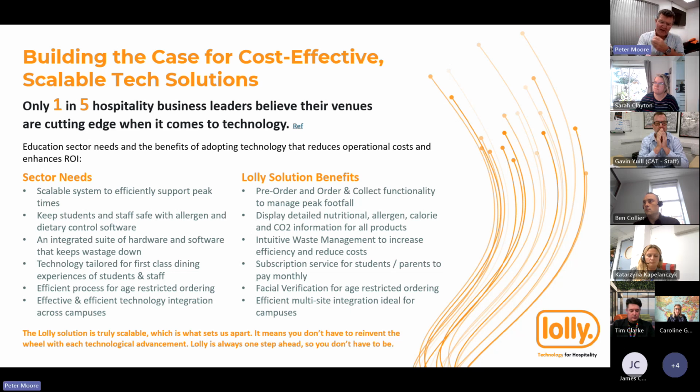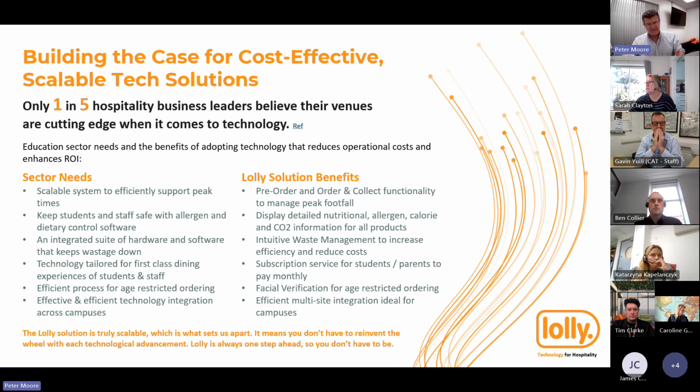The first thing is scalable systems, in respect of how you can scale quickly for very peak times and queue busting times. Keep students and staff safe with real-time allergen and dietary control information. I'll talk more about that later. Then an integrated suite of hardware, software, and solutions that help with your wastage. CSR is one of the most important things.